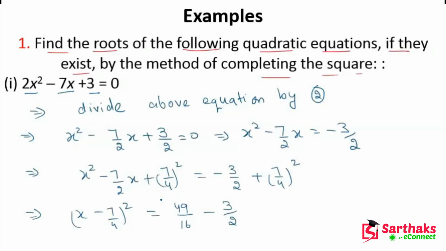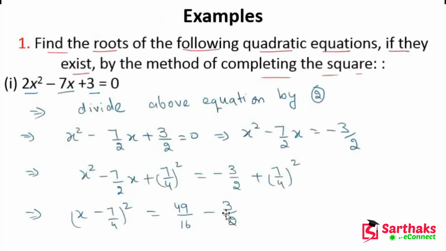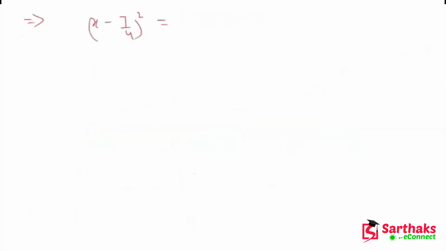Now the next step is, (x minus 7/4) whole square is equals to, if we solve it, take the LCM as 16.